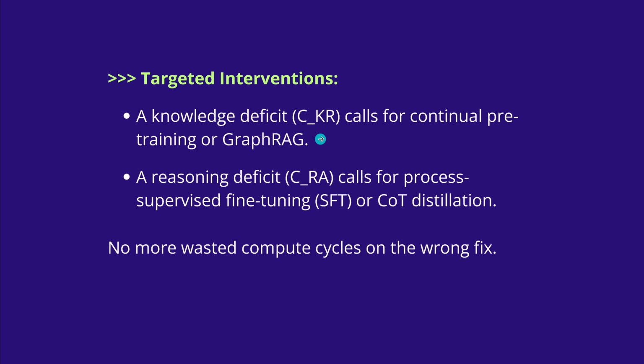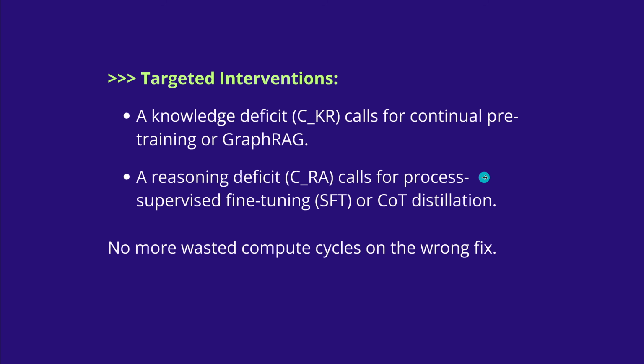They say, however, if we discover that it is a reasoning deficit in the performance of the LLM, this calls for supervised fine-tuning, or further, if you want, chain of thought reasoning trace distillation from a much more potent model.